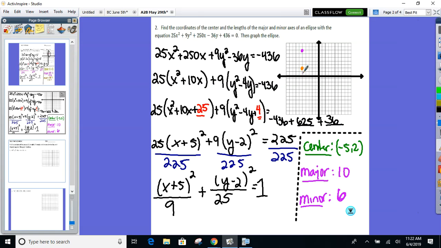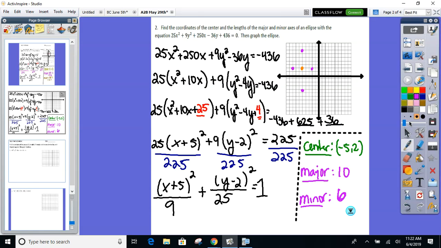You guys should be going 5 up and 5 down. 3 right, 3 left. And graphing it, making it look like an oval.